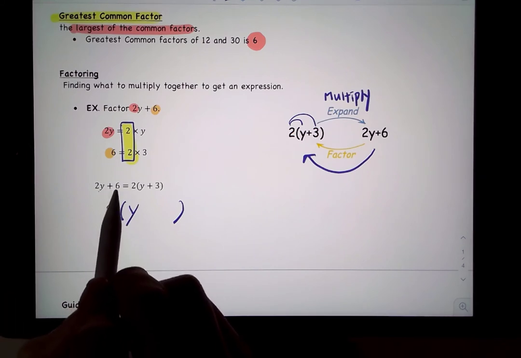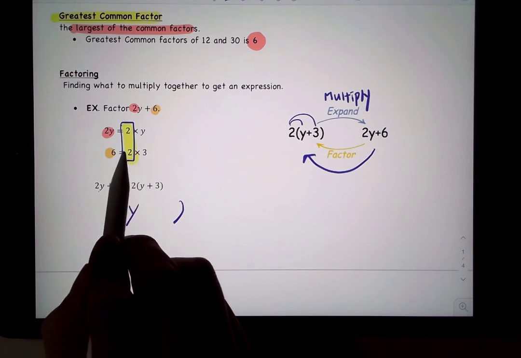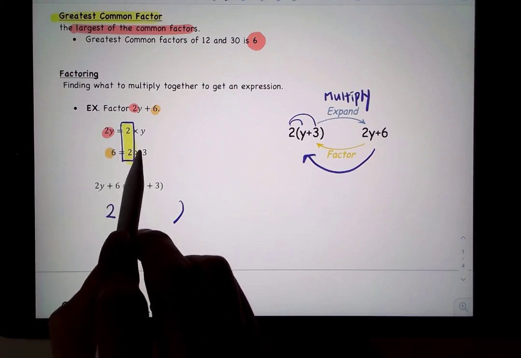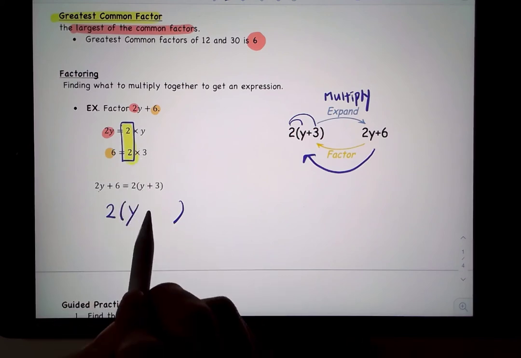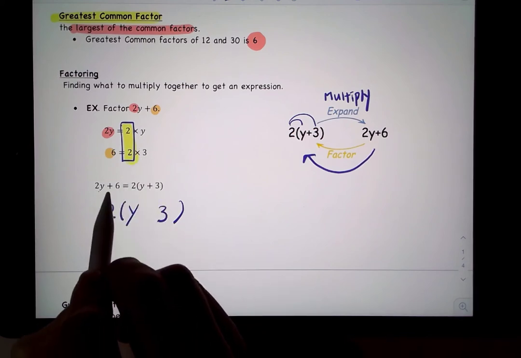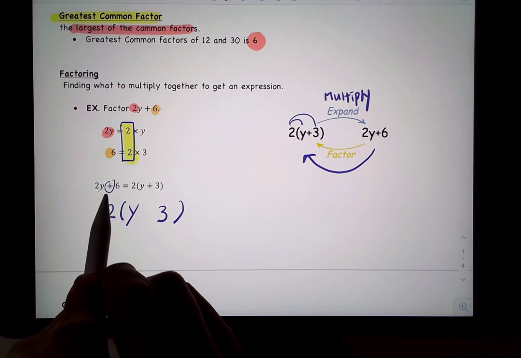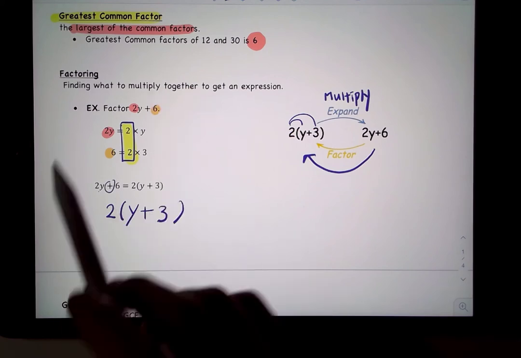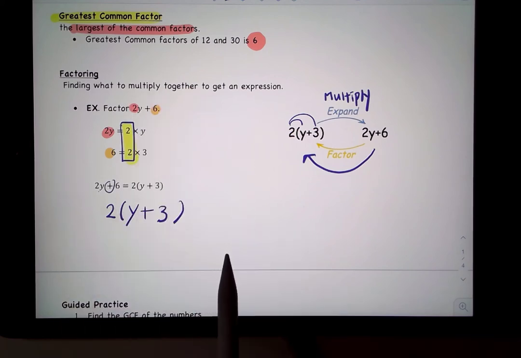And from 6, that was 2 times 3, you take out 2 outside, so your leftover, 3, goes inside. Then you just follow the sign. If that was plus, you put plus. If that was minus, you put minus. So finally, we want to do this kind of work. I'm going to show you more examples, and then you will do your homework tomorrow.